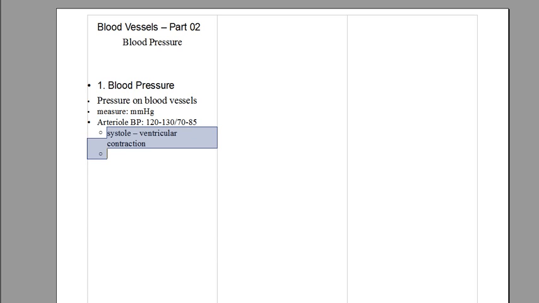Remember that systolic pressure is related to the ventricular contraction, whereas the diastolic pressure is related to the ventricular relaxation.